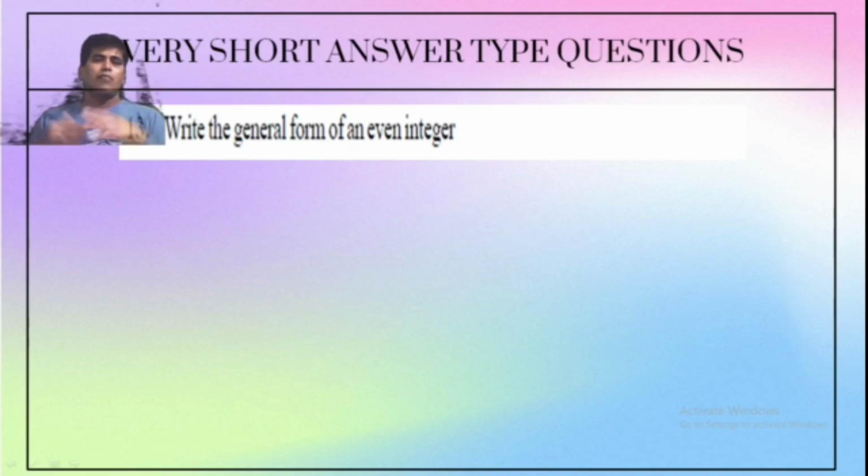What is the general form of an even number? First of all, what is the definition of an even number? It is completely divisible by 2. That is, it is a multiple of 2. When it is a multiple of 2, we can write 2 into some integer.